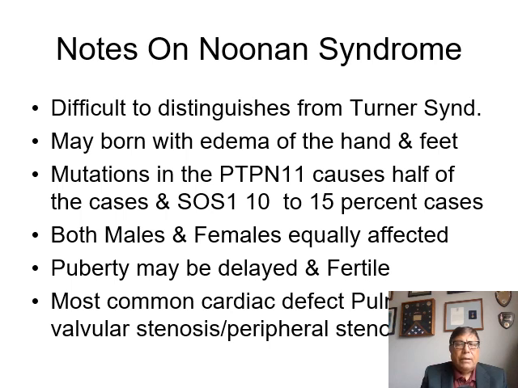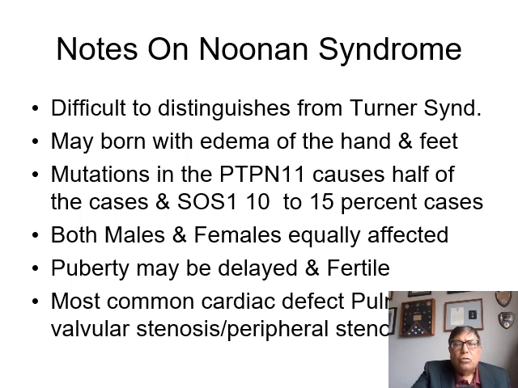Both males and females are equally affected, and puberty may be delayed, but it does occur, and they are also fertile. The most common cardiac defect is pulmonary valvular stenosis or peripheral pulmonary stenosis.